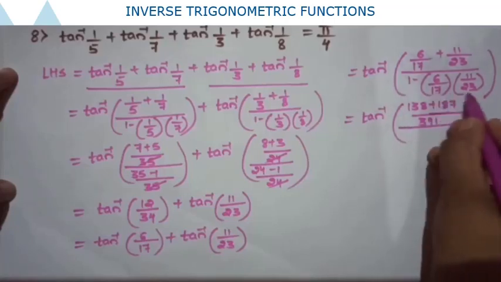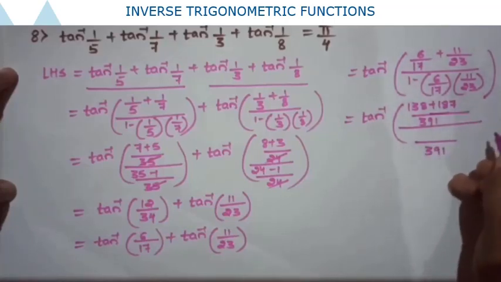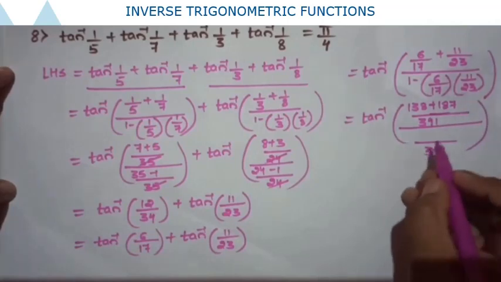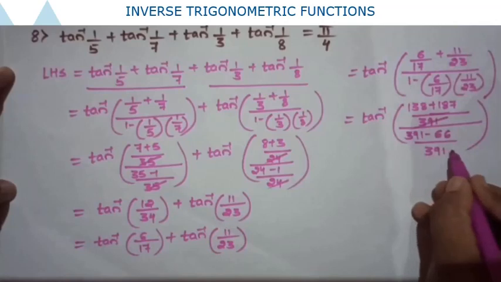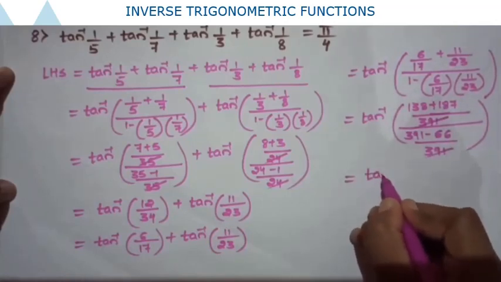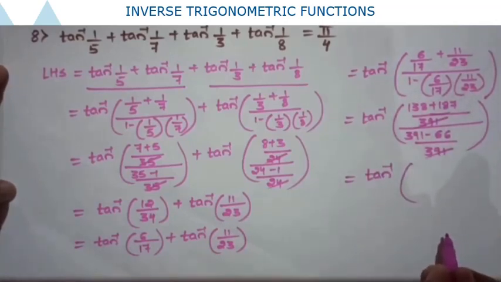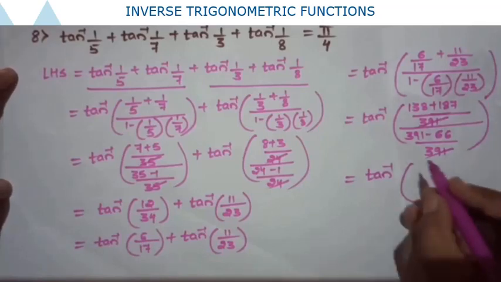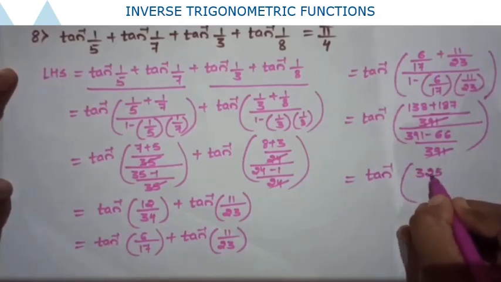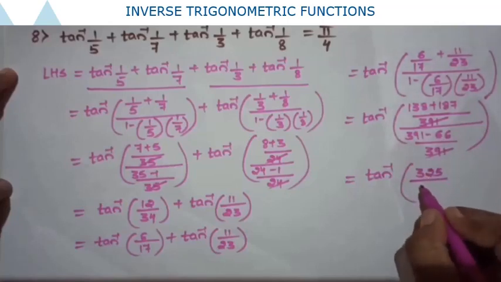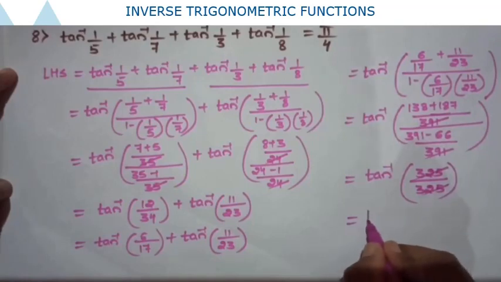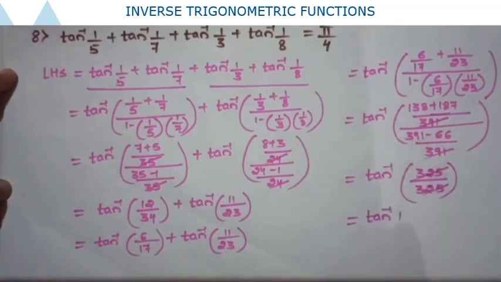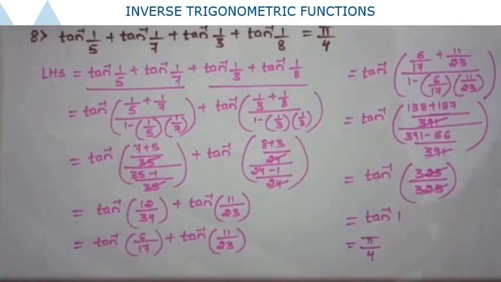Then whole divided by, the denominator LCM is also 391, and here 391 minus 66. The numerator and denominator LCMs cancel, so we have tan inverse of 138 plus 187, that is 325, whole divided by 391 minus 66, which is also 325. The 325 cancels, so this becomes tan inverse 1. What is the principal value of tan inverse 1? That is pi by 4.